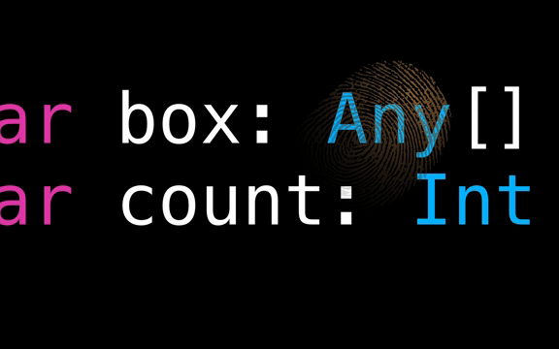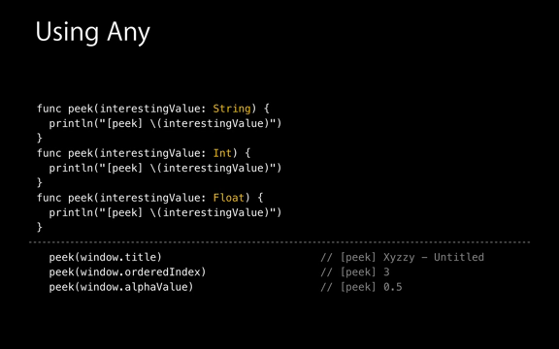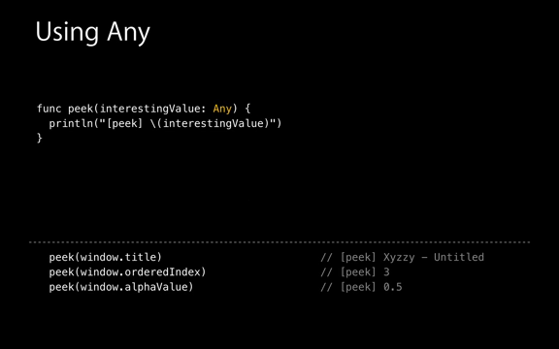Well, any is the empty protocol type, I told him. It's got no operations in it, but it can hold literally anything. And by the time I had looked up, Krusty was gone. He had run back to his office to re-implement his logging functions, like this. Now, this version of peek worked great, and it left room for more code in the 80 by 24 terminal windows that Krusty favored.